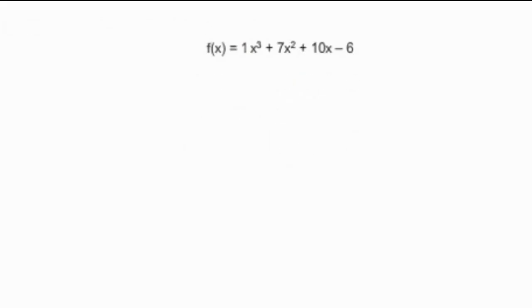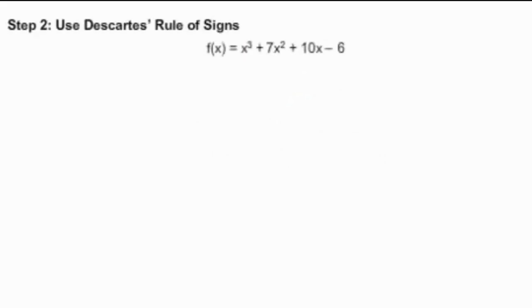The next step is to determine the possible number of positive real, negative real, and complex zeros for this function. You can do this by applying Descartes' rule of signs. First, to determine the possible number of positive zeros, count the number of times the sign changes in the function, reading it from left to right. In this case, there is only one sign change.